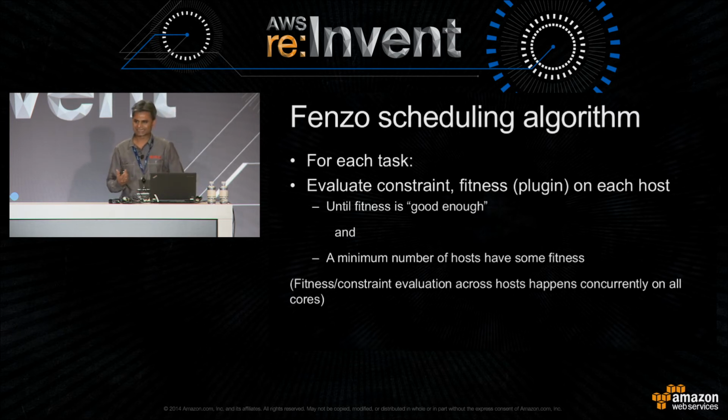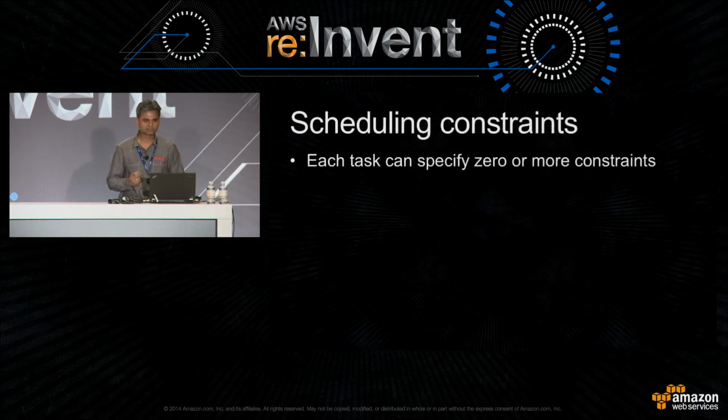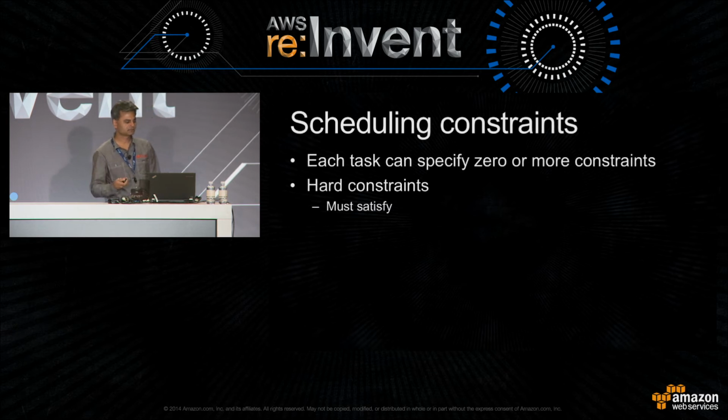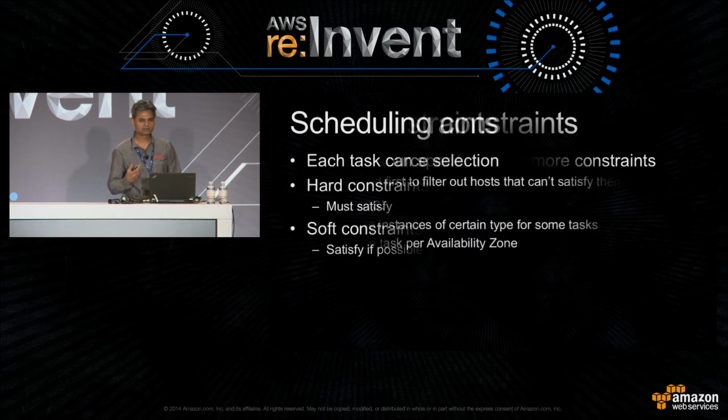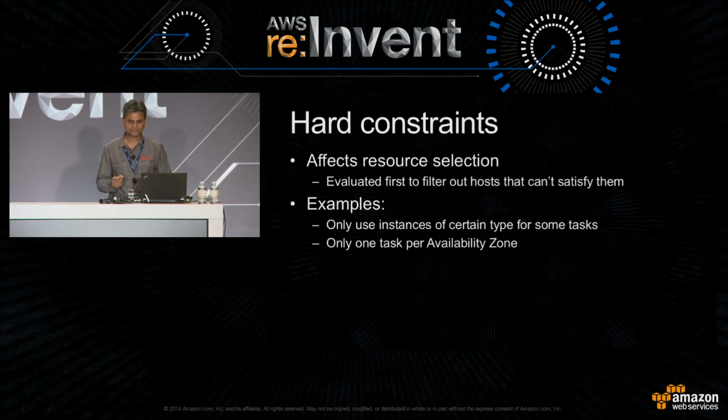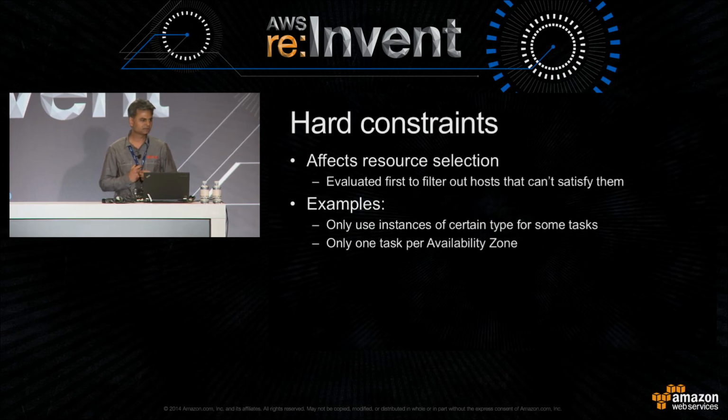And then there are constraints. There could be two kinds of constraints: hard constraints and soft constraints. Hard constraints must be satisfied. They affect the resource selection. So for example, you have tasks that say, I would like to run only on M1 extra large type instances or another instance type.